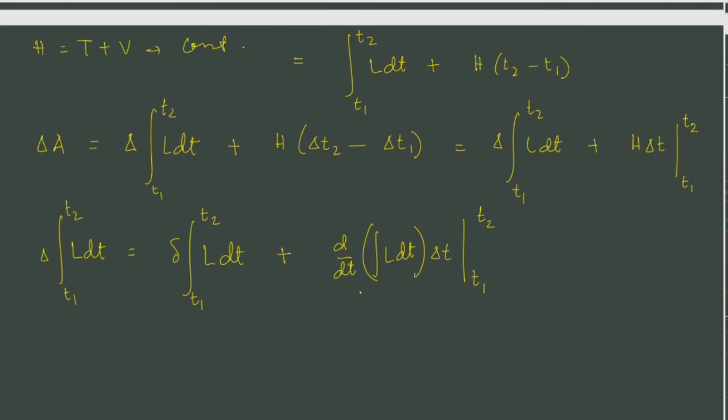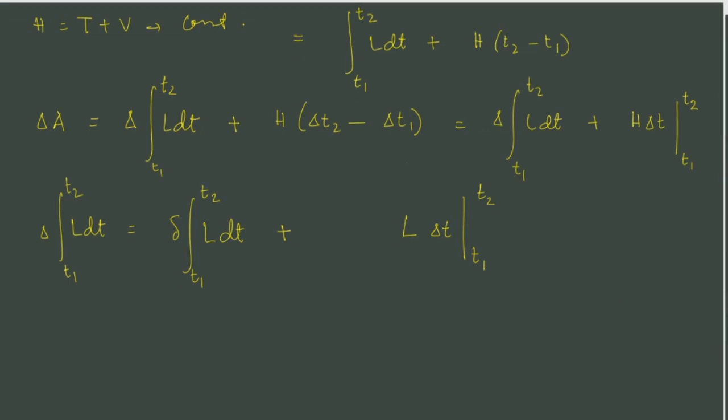But then d/dt of that integral, by definition, is L. So what we have is just L delta t, evaluated at t1 and t2.